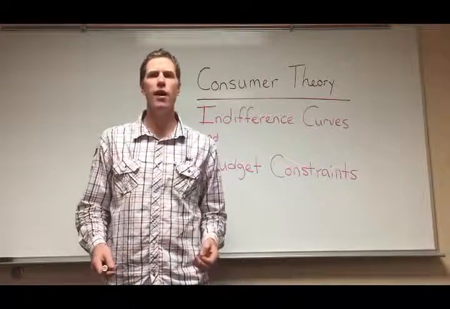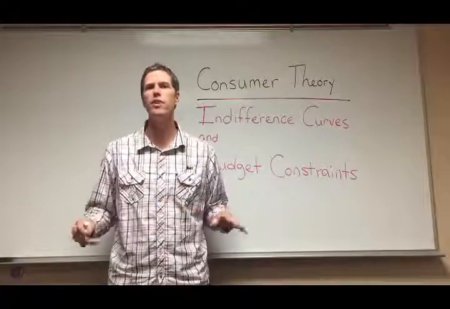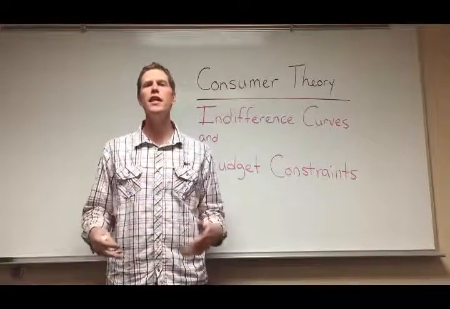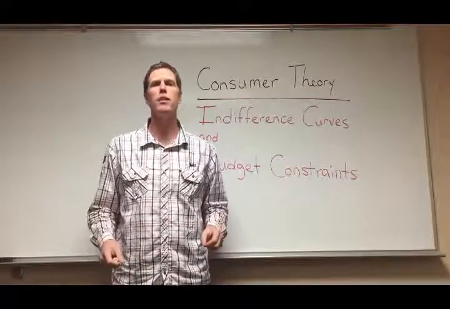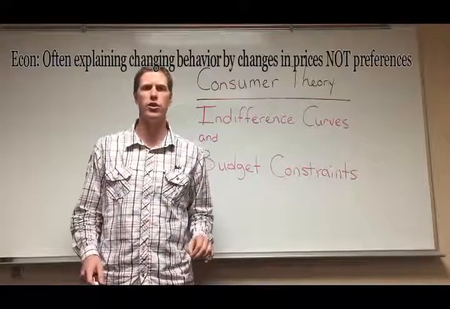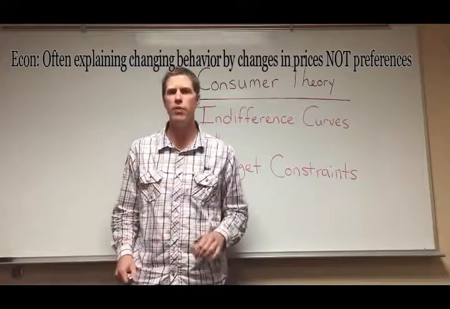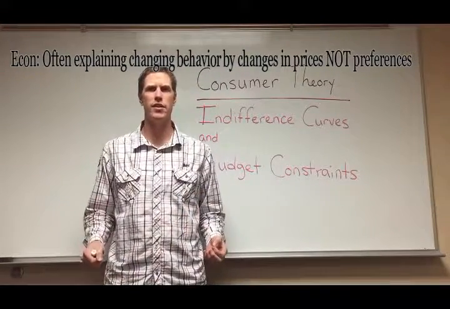So what we're going to do often in economics is leave those preferences, those utility functions, those indifference curves, the desires of the individual constant, but then see what happens when we tweak the relative price ratios. When we tweak the relative price ratios, we're changing the constraints.